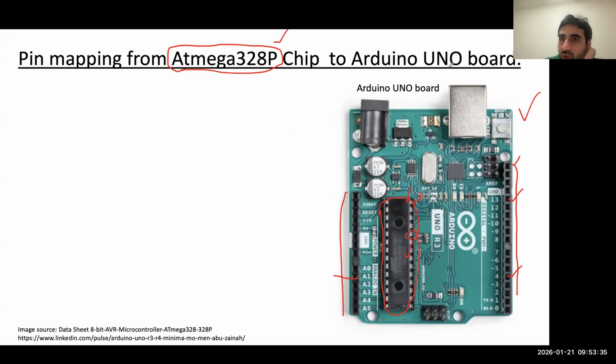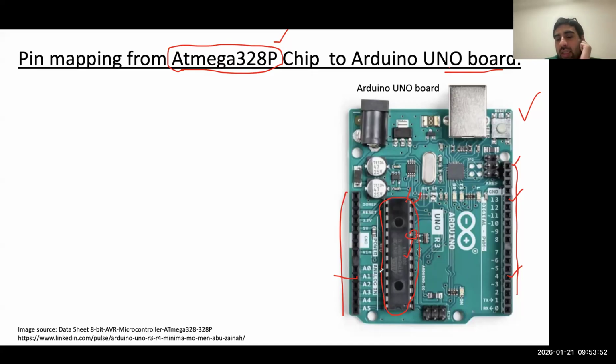Why are we using this board? Because it only makes our life easier to program and use this chip. The purpose of the board is only to make everything easy for students.